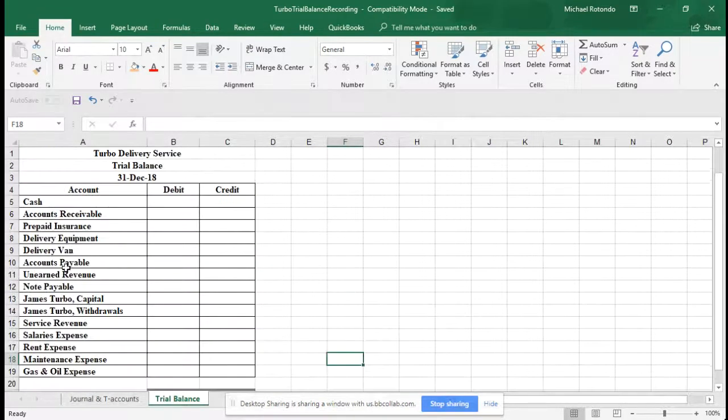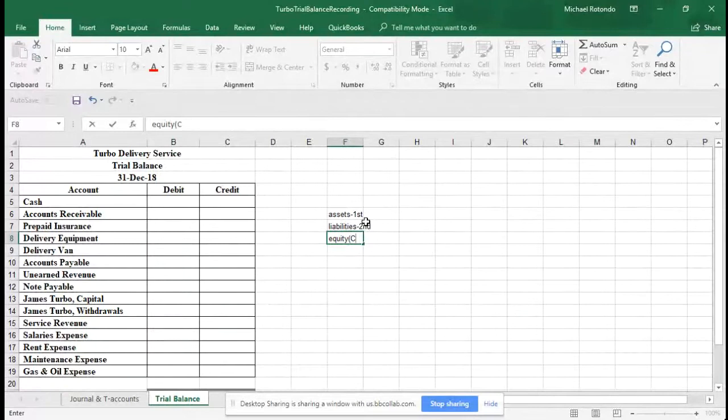You'll notice all the accounts here, okay? And these are the same accounts that are on the previous page. These are all of our ledger accounts. And they should be done in a particular order, okay? We should have assets first. We should have liabilities second. We should have our equity accounts, which are capital and withdrawals third.